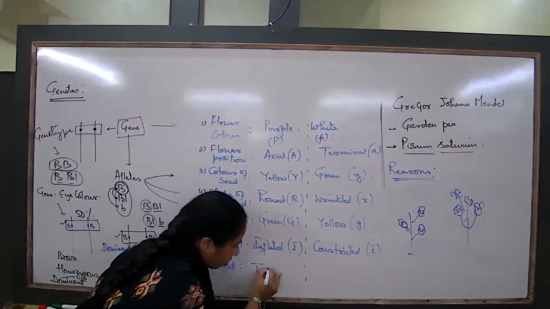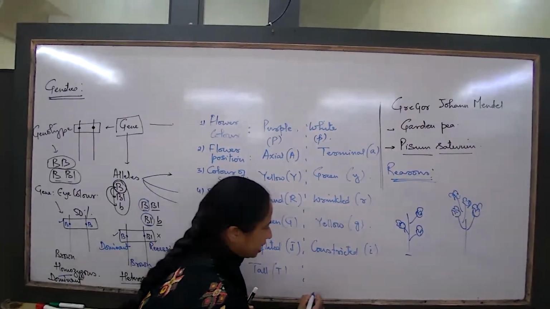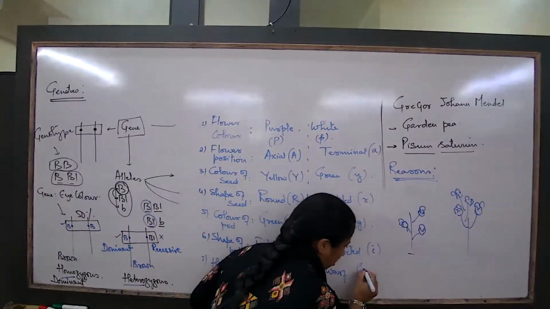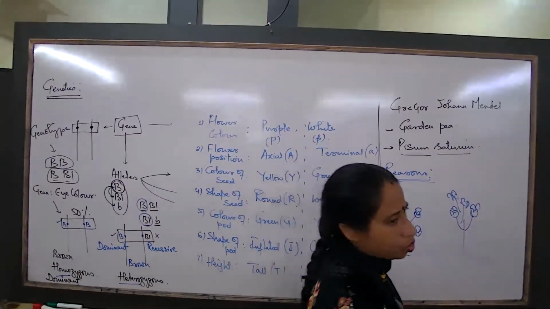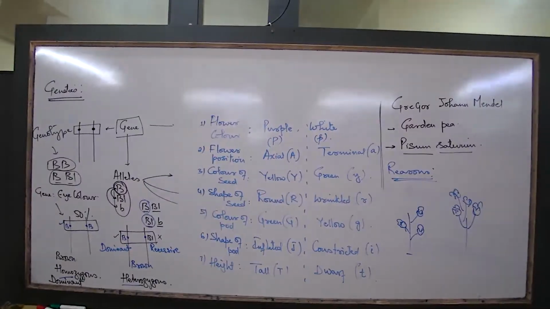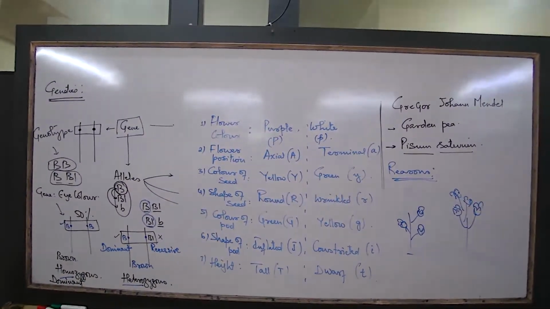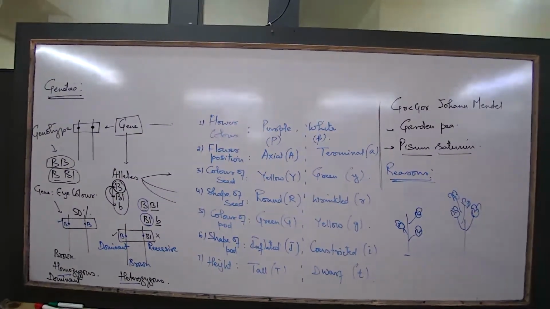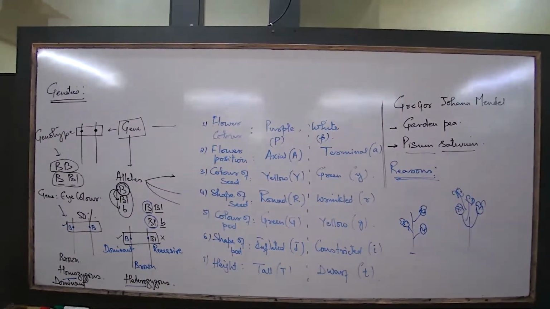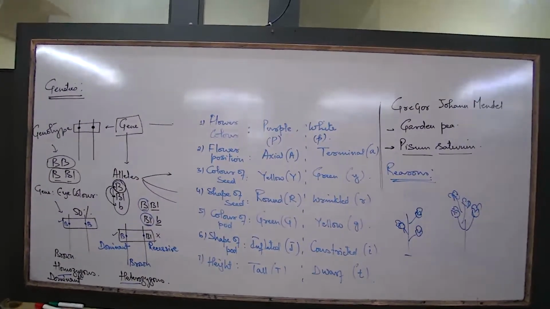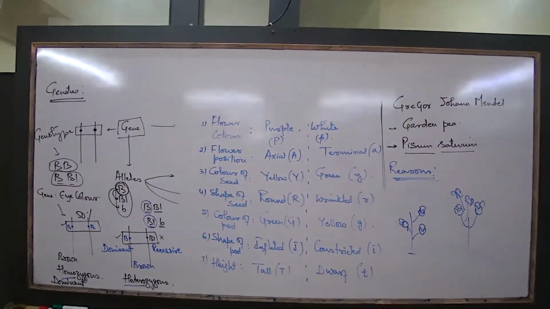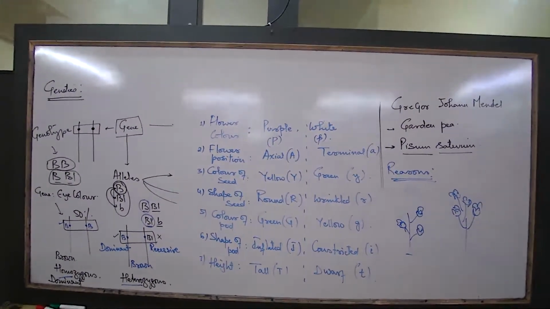Tall, dominant, capital T, dwarf, small t. So this is what you should know. Clear till here?